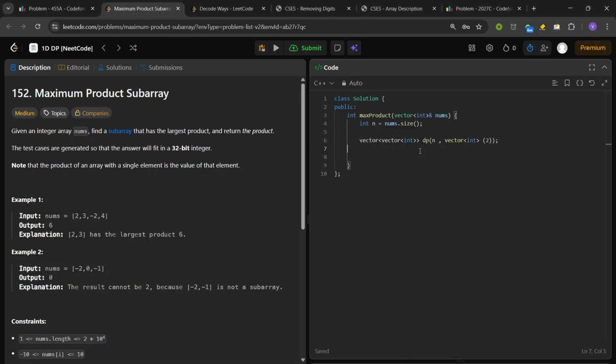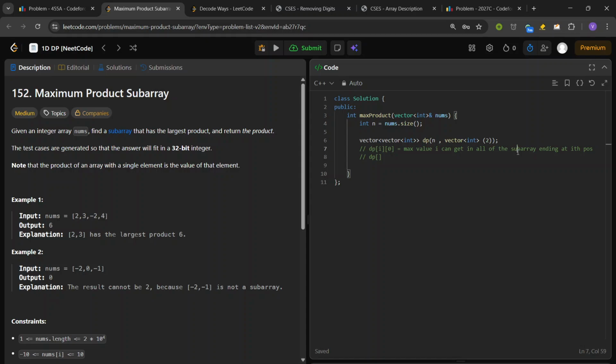Now the state is: dp of i0 is giving me the max value I can get in all of the subarrays ending at the ith position.